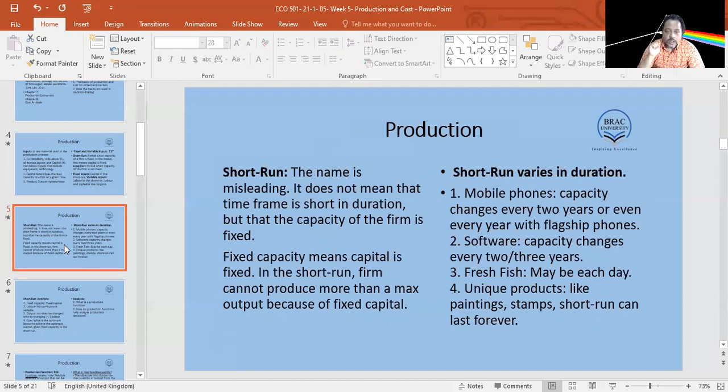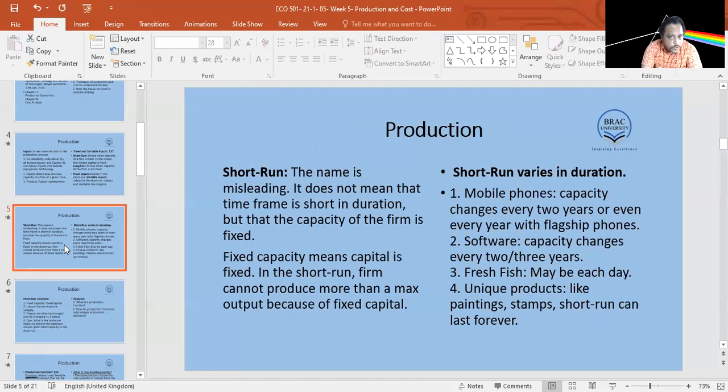Now, a little while ago, we raised the question: is it possible for the short run to last forever? Yes, it is. For example, let's think that we're looking at a unique product like paintings, the Mona Lisa. That's only one piece. One may argue that yes, the Mona Lisa can be reproduced, but that's not the unique Mona Lisa itself.